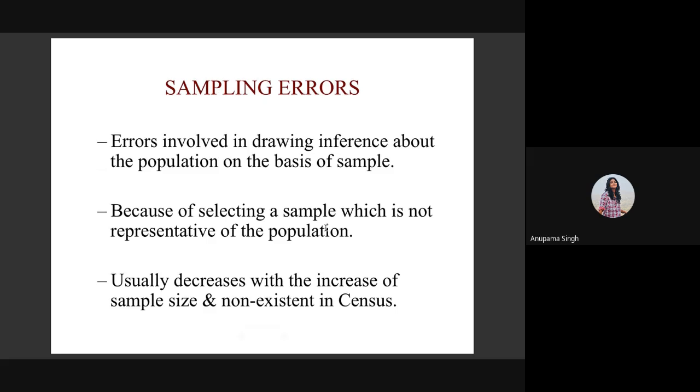So sampling errors, again, are errors involved in drawing inference about the population on the basis of a sample. So in this, we are talking about the process of sampling. It can also happen because of selecting a sample which is not representative of the population, because when we are talking about sampling, the sample should be a good representative of the population.